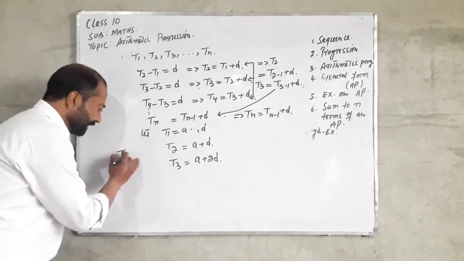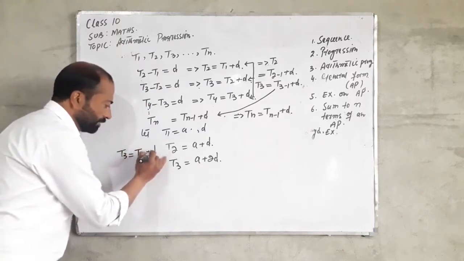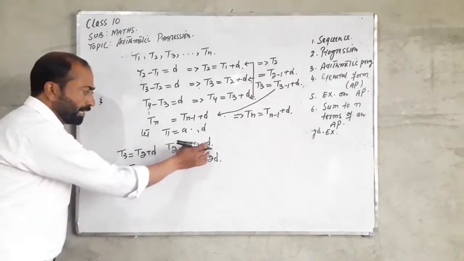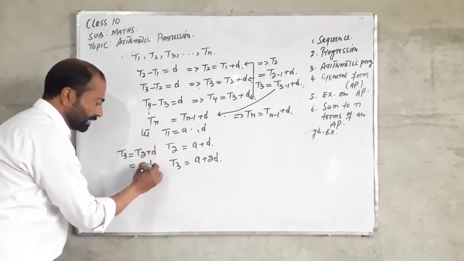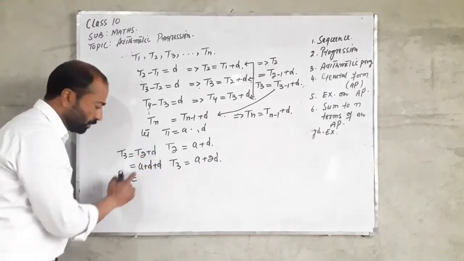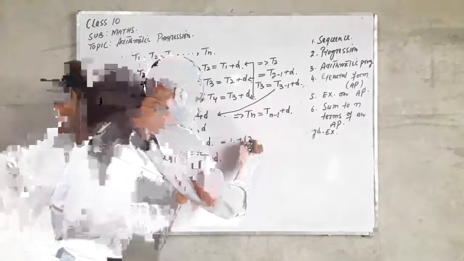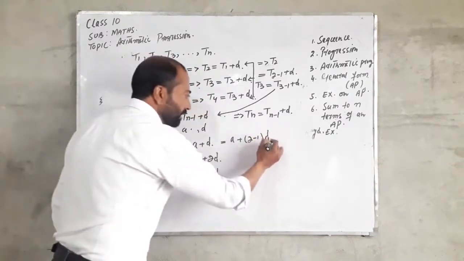Look here, T3 is actually equal to T2 plus D. Now replacing this T2 by A plus D, and plus this D. So this sums up to A plus 2 minus 1 into D. Look at this one.